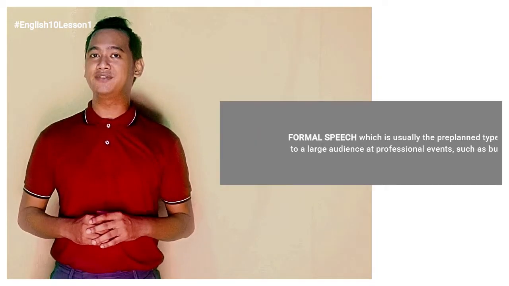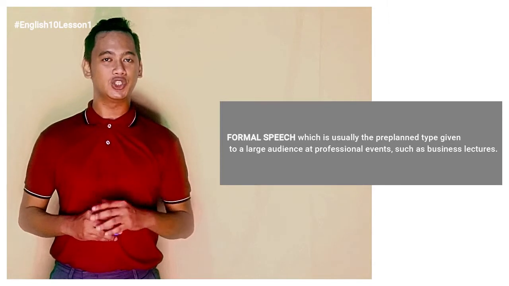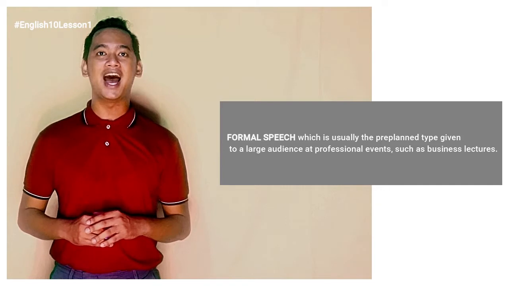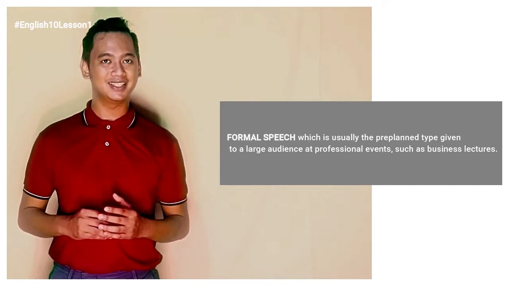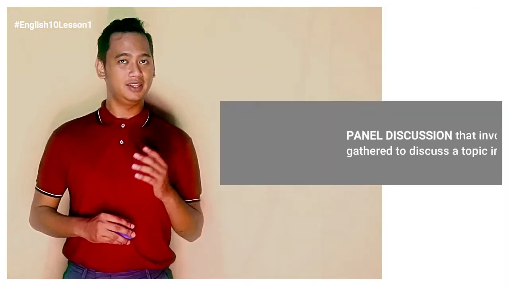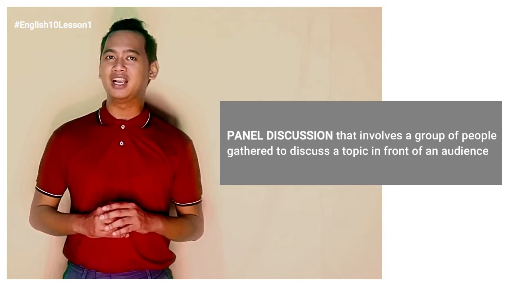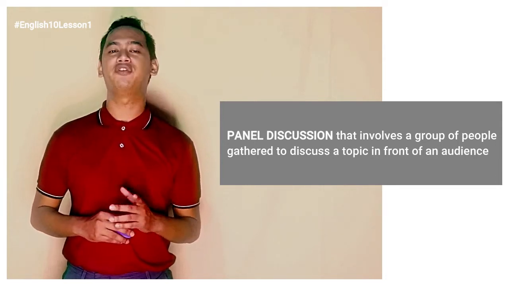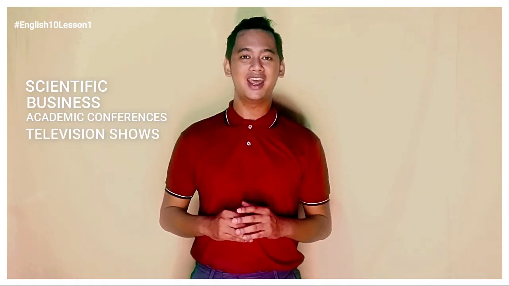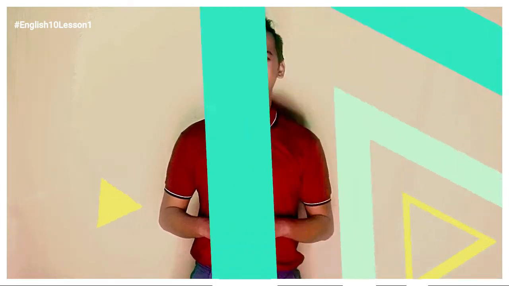The third source is formal speech, which is usually the pre-planned type given to a large audience at professional events such as business lectures. Next is the panel discussion that involves a group of people gathered to discuss a topic in front of an audience, typically at scientific, business, or academic conferences and on television shows.